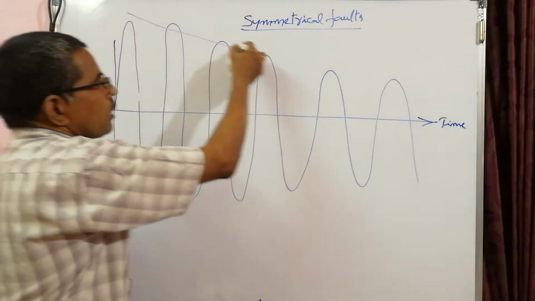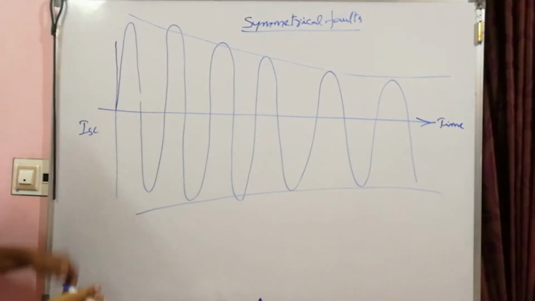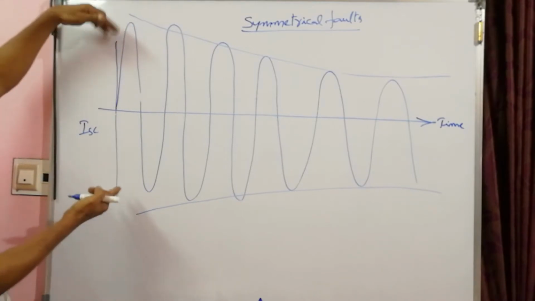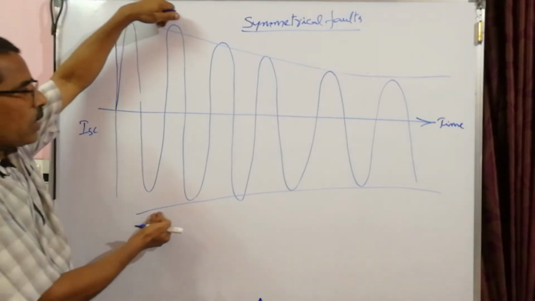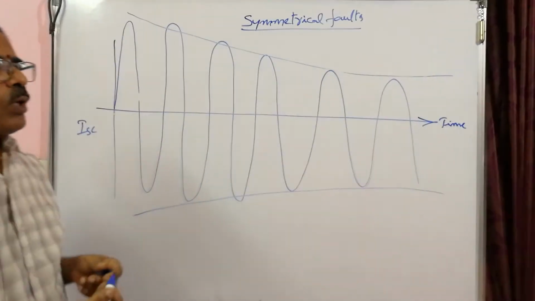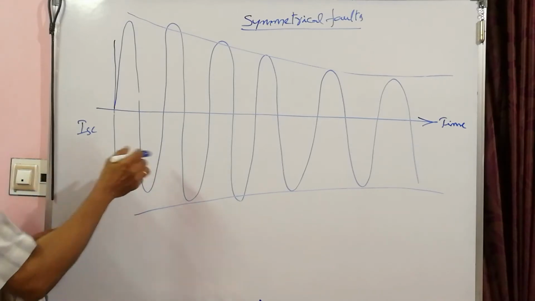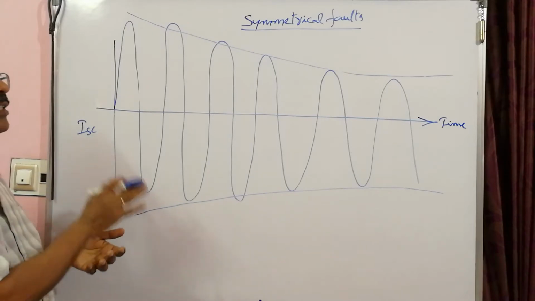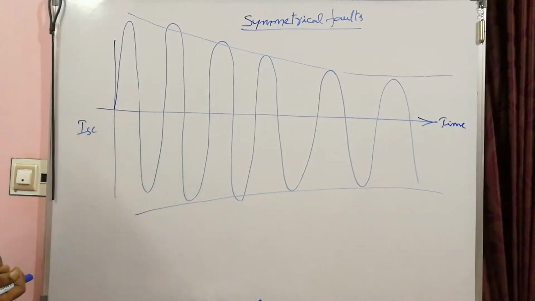If you take the asymptote of the waveform, it is something like this. Initially the current is very high, shooting up to very dangerous magnitudes, and then it comes down and finally this is the settling time. This is the current waveform when a 3-phase alternator is subjected to a 3-phase fault.